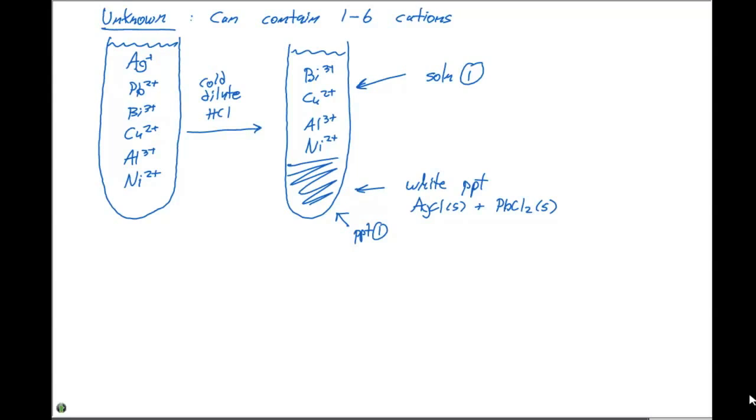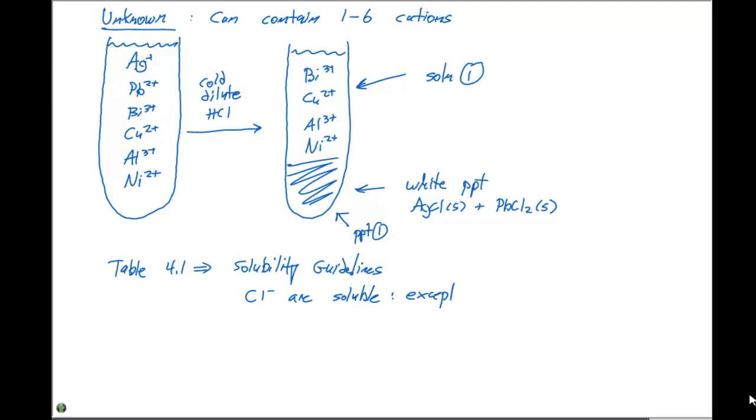So if we look in the textbook and we look at table 4.1, this is called the solubility guidelines. And in the solubility guidelines, it's going to tell us that chloride ions are soluble. But there's going to be exceptions.